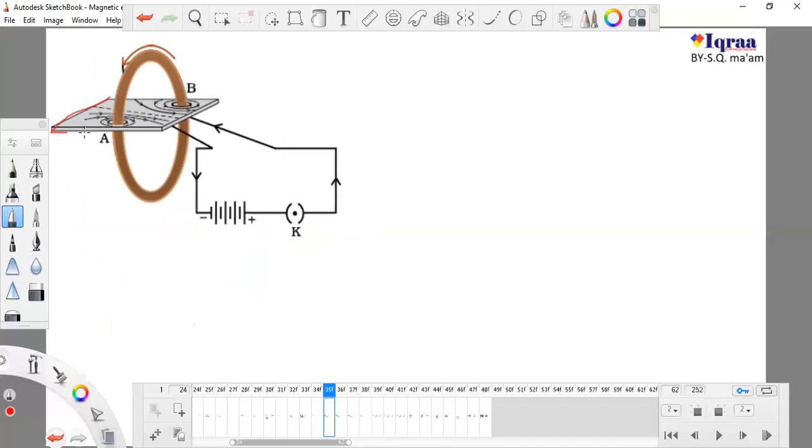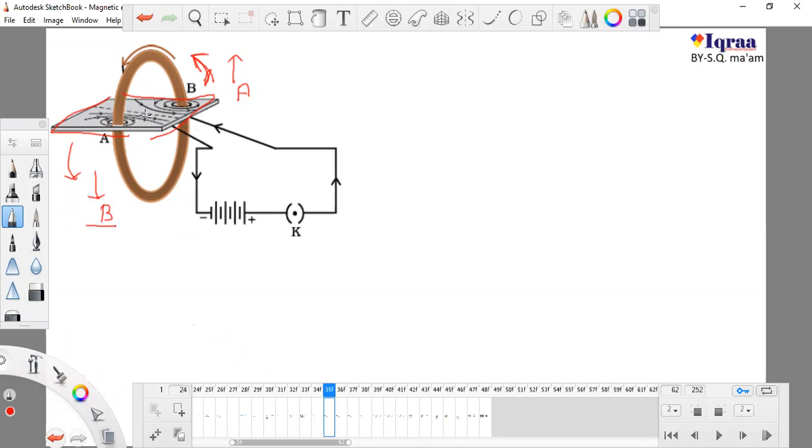You can see this is a single cardboard, and in the single cardboard we are using a copper coil. The direction of current in this part is this side, and in this part it is this side. So there are two directions: this is direction A and this is direction B.